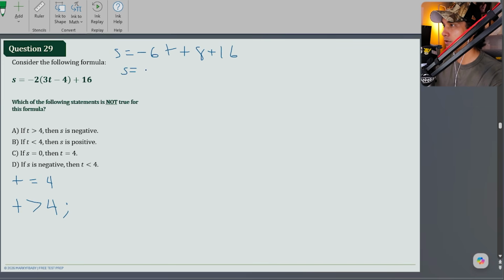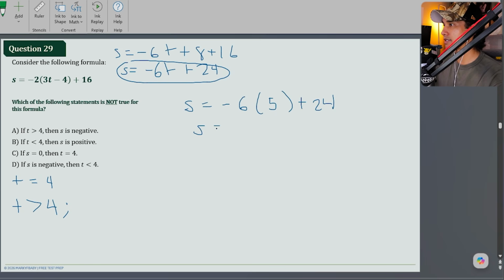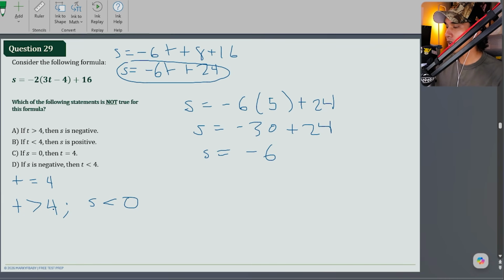S is equal to -6t plus 24. So I am going to choose 5 as t and see what happens to S. S is equal to -6 times 5 plus 24. S is equal to -30 plus 24. S is equal to -6. So S is in fact negative. When we choose values above our cutoff, which is 4, we get negative S values.